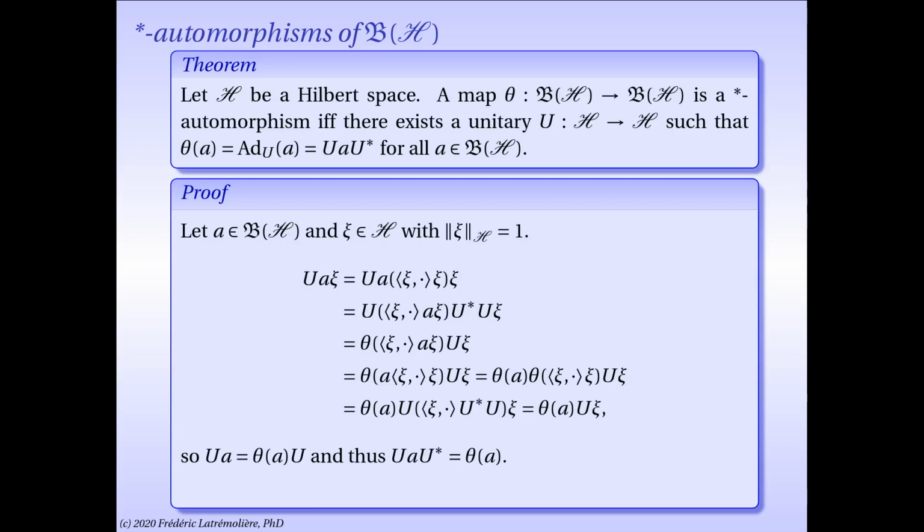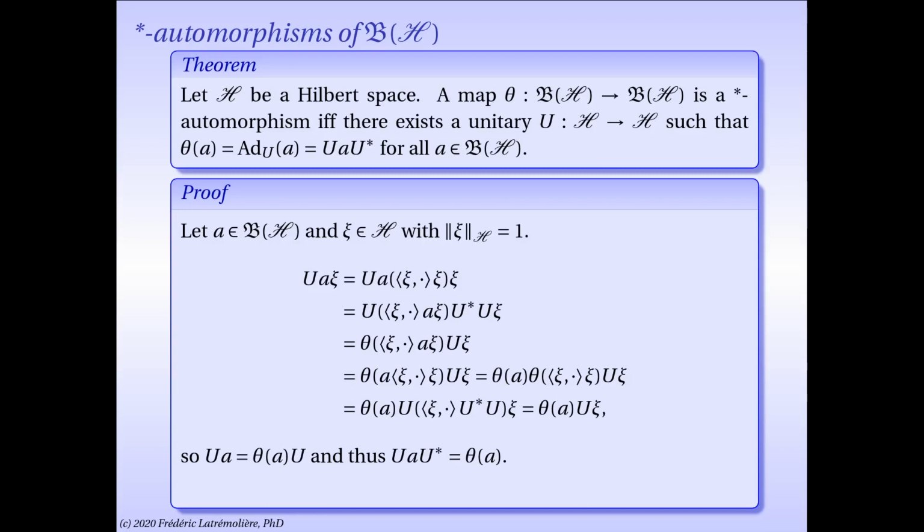But then we can unfold our computation because psi inner product with the input times A times psi, just like before, is A times the rank 1 projection on the linear span of psi. So in other words, I simply undo what I did between the first and the second line here. But then theta is a star automorphism, so it's multiplicative. So I can split my calculation here as theta of A times theta of the rank 1 projection times U of psi.